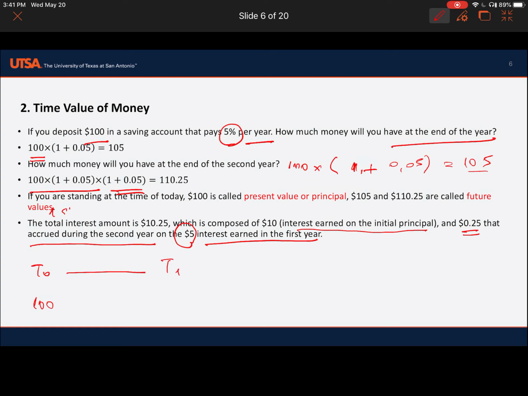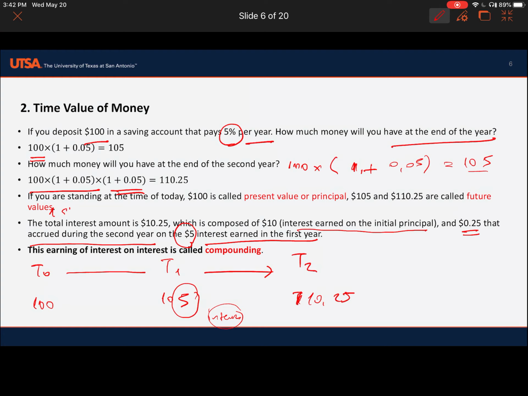In time 1, you have 105, and in time 2, you have 110.25. So the $5 here is the interest amount, and you will earn interest on interest. This earning of interest on interest is called compounding.